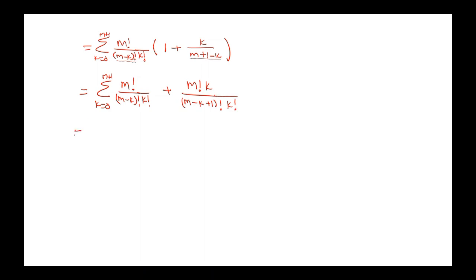But now you can split the sums. M minus k factorial by k factorial, plus the sum of this one. But what is k over k factorial?